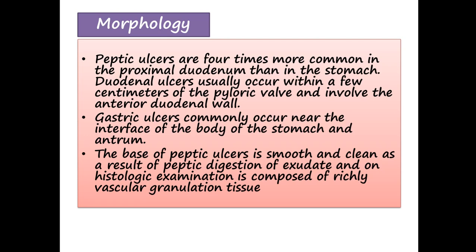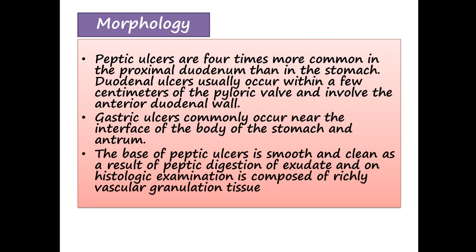Now coming to the morphology, when we compare the ulcers in the stomach and duodenum, or the gastric and duodenal ulcers, we can say that the duodenum is the most frequent site. Peptic ulcers are 4 times more common in the proximal duodenum than in the stomach.